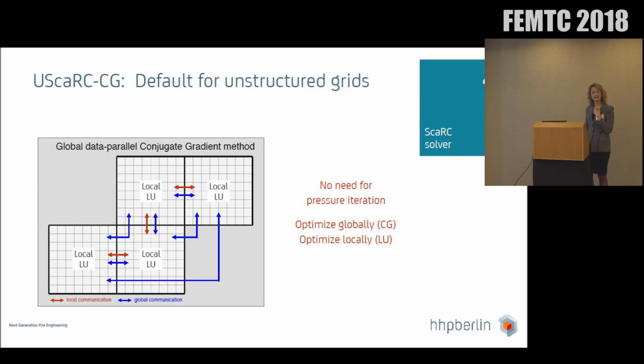Instead, I use the local LU decomposition, which is also based on a highly optimized library, the same as for the UGL-MAT solver. And because I only use it locally, the storage need is not that high as if I used it for the whole domain.